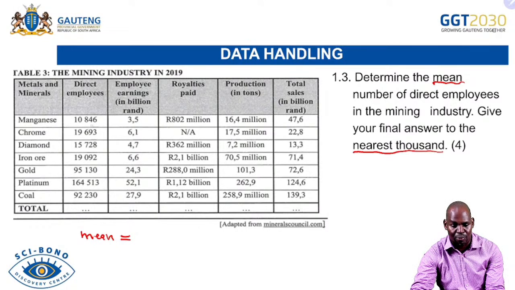These are direct employees. There's 1, 2, 3, 4, 5, 6, 7 values. Make sure that you add all of them.